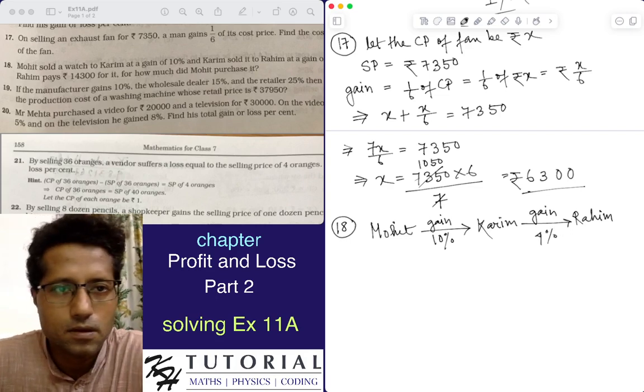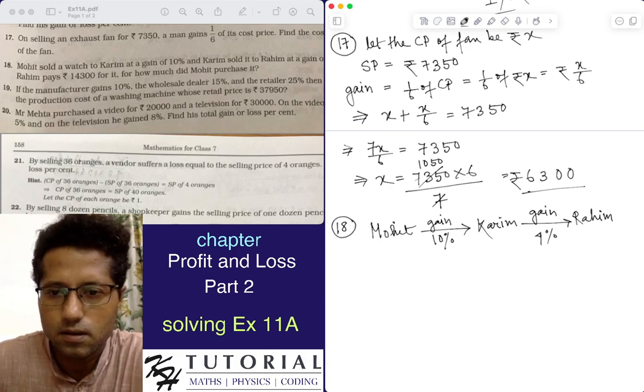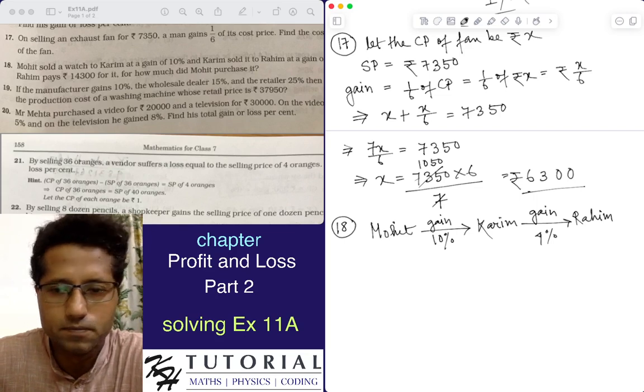Now Rahim pays, and for how much did Mohit purchase it?